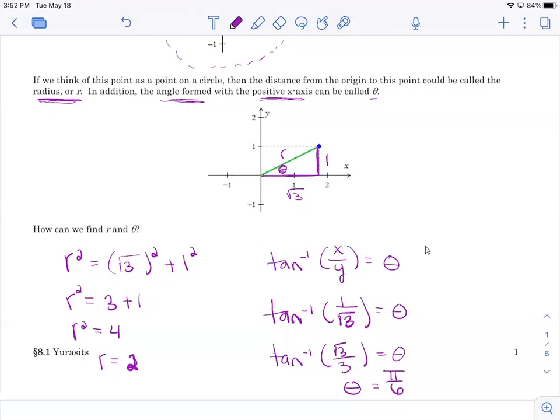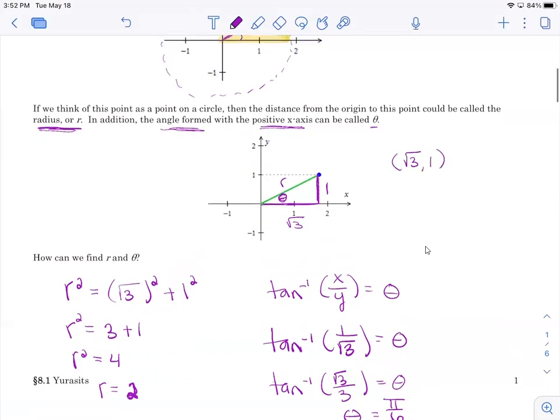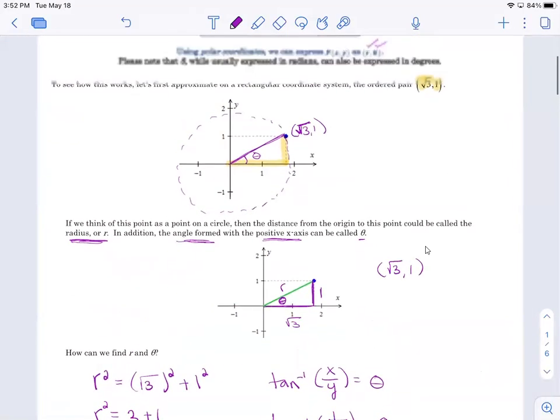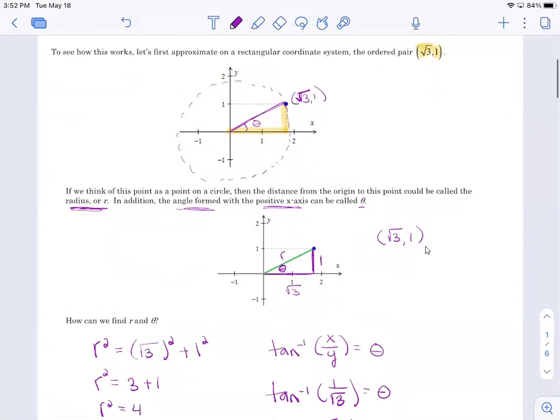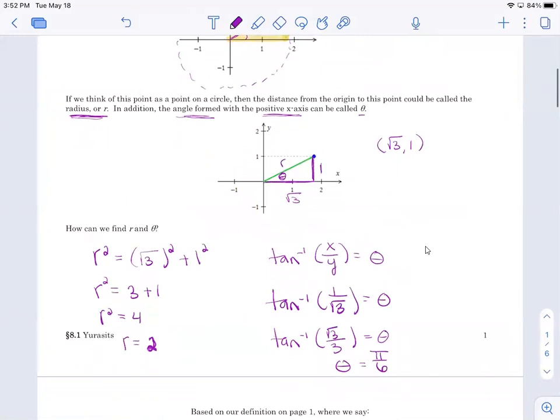So what we just found is that in rectangular world, this coordinate is root 3, 1. And in polar world, let's just go back up to the definition. See how it says that my R is always first? So in polar world, it's going to be 2, pi over 6.